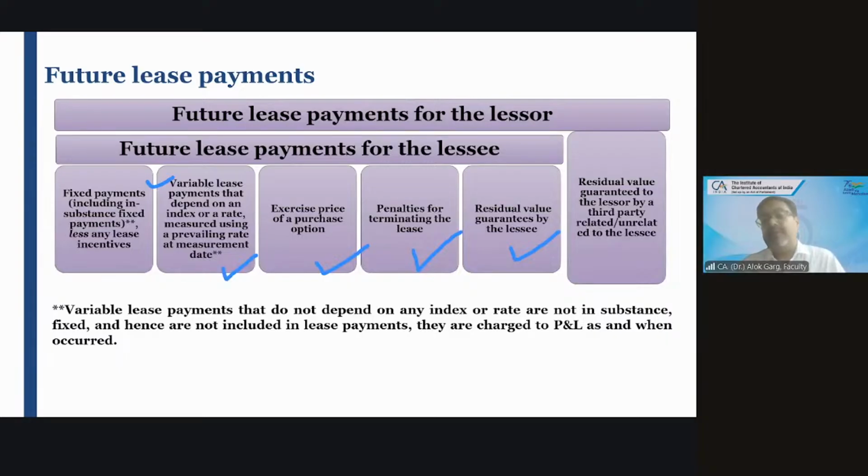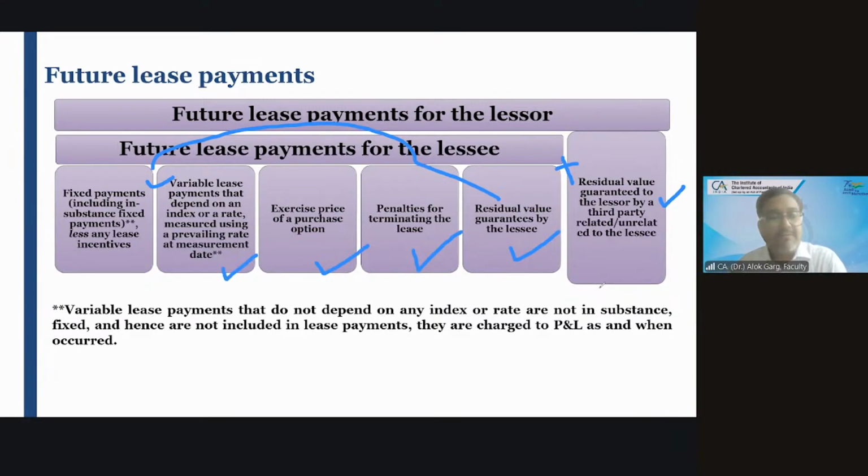From the lessor perspective, all these 5 components plus, since the lessor is the owner of the asset, if this residual value guarantee is given to the lessor by a lessee or any third party or any party related to the lessee, because the lessor is the owner, anyone who gives the guarantee to the lessor, that will also come into the lease payment, right? So if a scrap dealer also gives a guarantee that yes, I will pay at least this much money, that will also be considered under the lease payment.